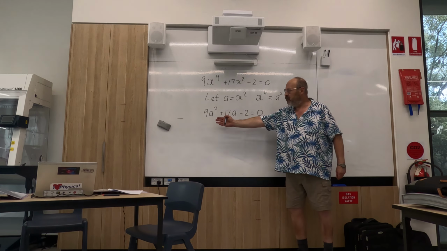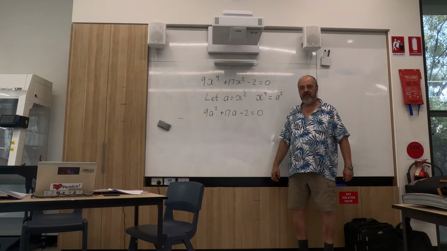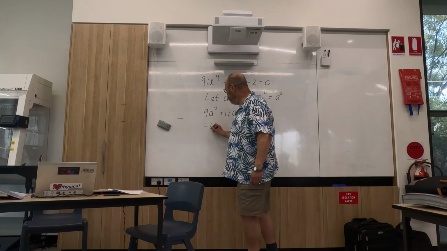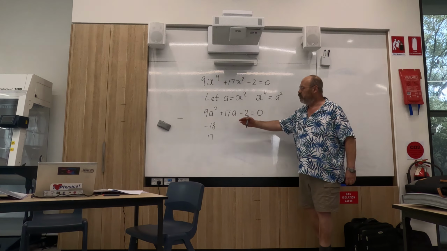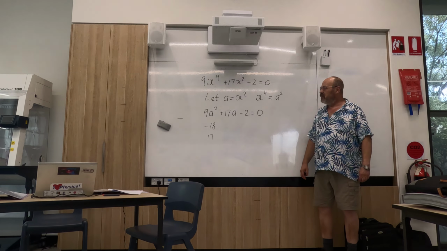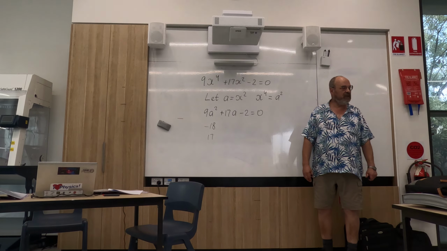Now we multiply 9 and negative 2, which gives negative 18, and we have 17. So we're looking for two numbers which add up to 17 and multiply to negative 18.